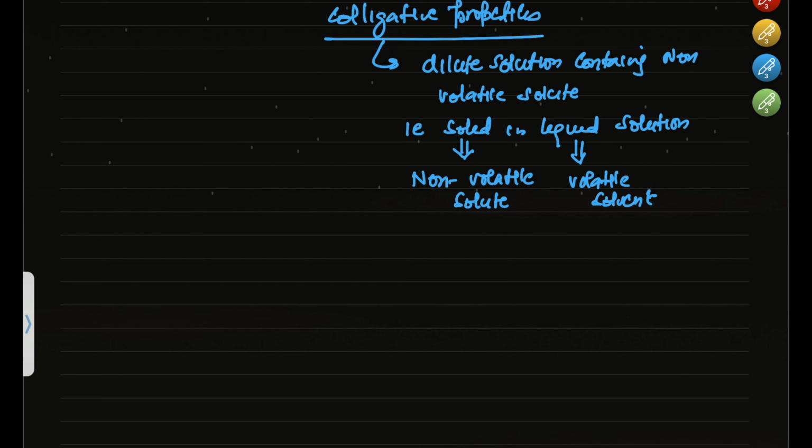As we know, a volatile substance evaporates and forms vapor, and consequently creates vapor pressure. The non-volatile solute produces no vapor, hence constitutes no vapor pressure. तो इस नॉन वोलेटाइल सॉल्यूट से तो हमें वेपर प्रेशर नहीं मिलेगा, तो इससे नो वेपर प्रेशर इज फॉर्म. Only the volatile solvent produces the vapor pressure. Okay.